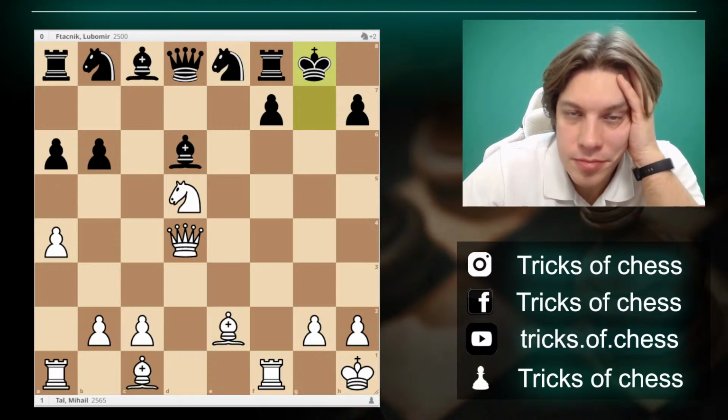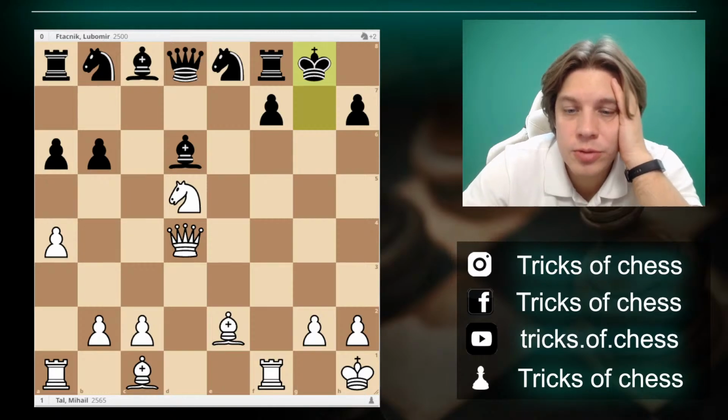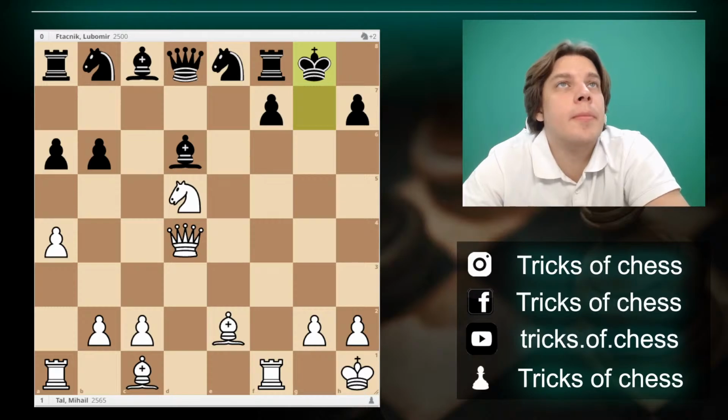Bishop h6. No, with bishop h6 you only gain the exchange back, but you already sacrificed the minor piece, actually.